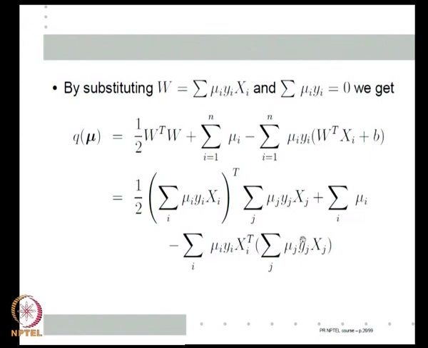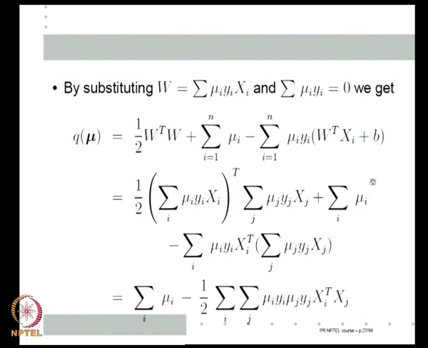I have a summation over i and j here, mu_i y_i, mu_j y_j, x_i transpose x_j. Here also mu_i y_i, mu_j y_j, x_i transpose x_j. This is minus 1, this is half, so I will get a minus half. So, q(mu) is summation mu_i minus half summation over i and j of mu_i y_i mu_j y_j x_i transpose x_j. That is my q(mu).